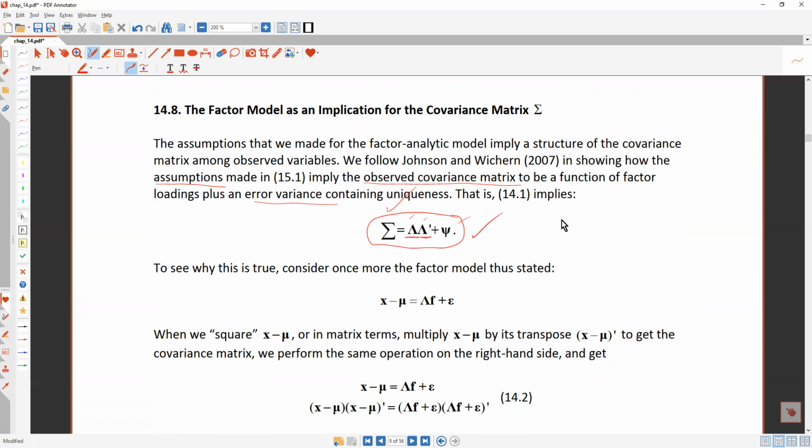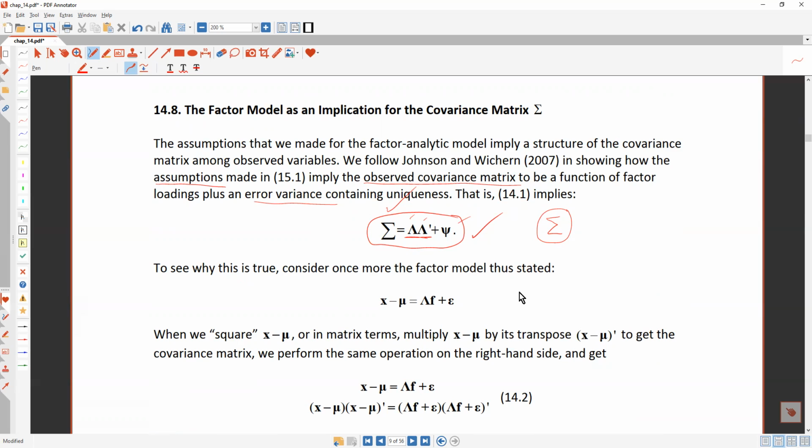So what this says is that, from a structural point of view, the factor analysis model is reproducing the covariance matrix. This is what factor analysis is actually doing on a technical standpoint: it's reproducing, as best it can, the covariance matrix.